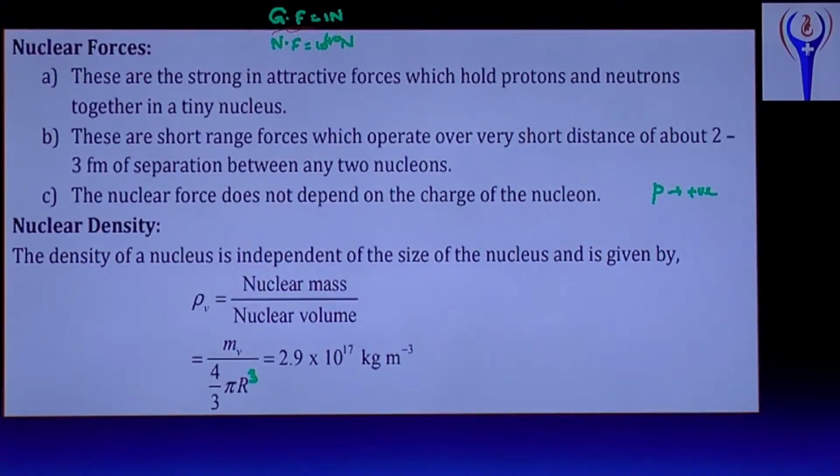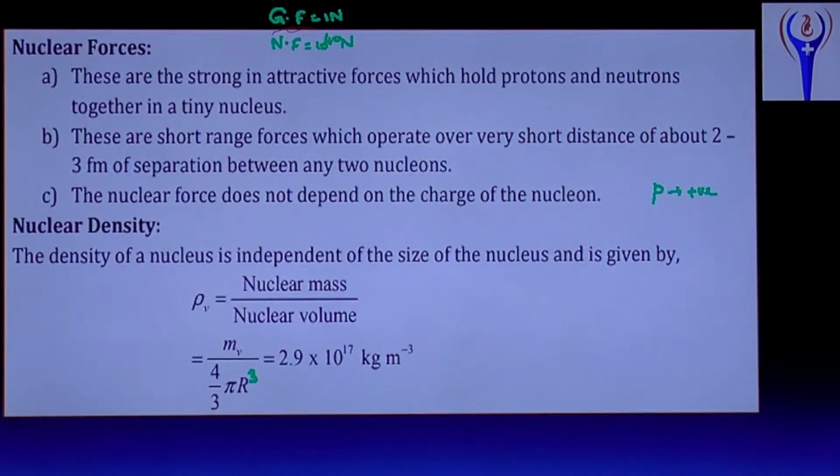It is the force between an object and earth. If you throw any object, a ball or whatever, it will again fall down to earth. That is because of gravitational force.